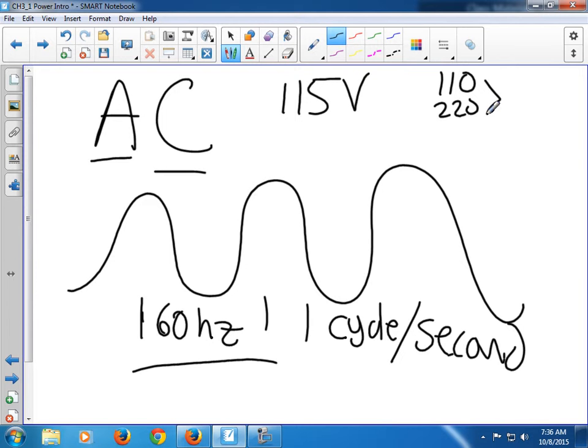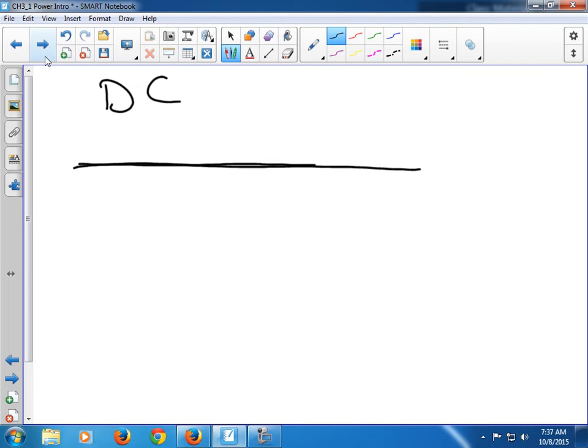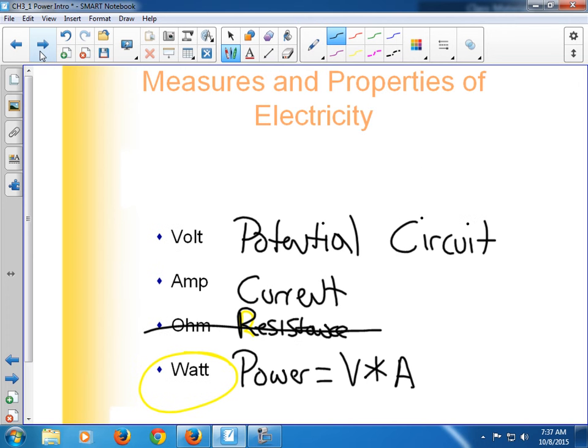But anyways, so we've got a wall outlet that comes in 110 volts. It cycles at 60 cycles per second, but that is not what the electrical components need. So we turn it into direct current that is a level, steady state current for those electrical components, okay?